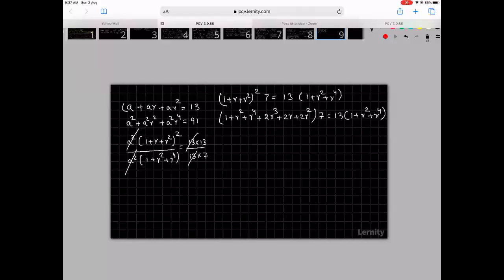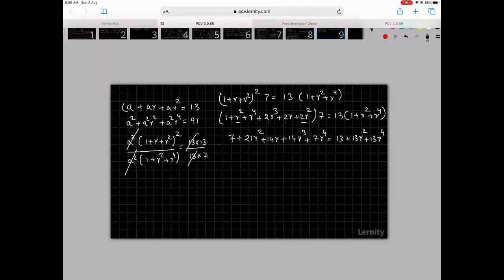I have 7 plus r squared here and 2r squared here, so totally 3r squared, so plus 21r squared. Then plus 14r, plus 14r cubed, plus 7r power 4, is equal to 13 plus 13r squared plus 13r power 4.